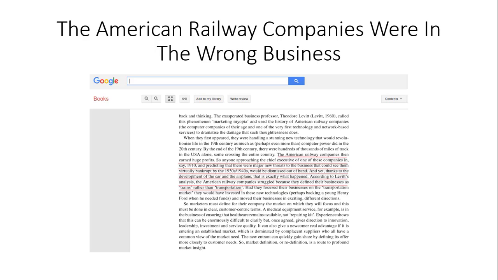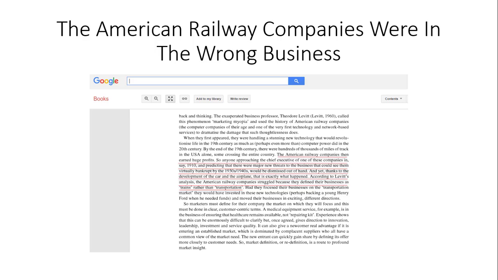According to the analysis, American railway companies struggled because they defined the business as trains rather than transportation. So I want you to think: at another time, they were the biggest in the world. Everyone needed a railway, and that's why they manufactured railway engines, and they believed they were in the train business.